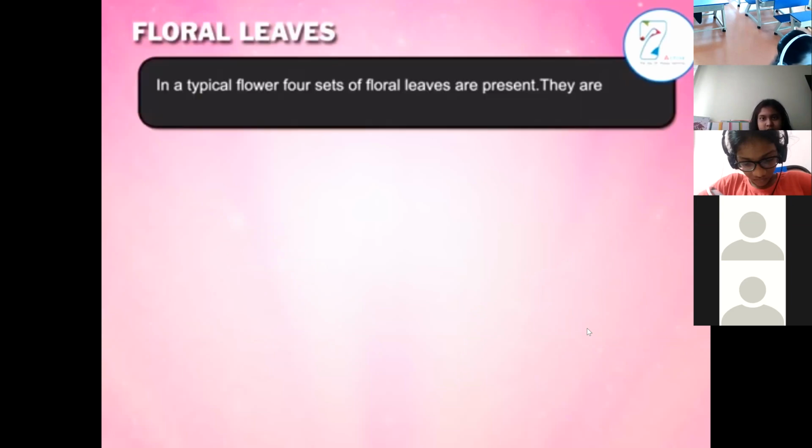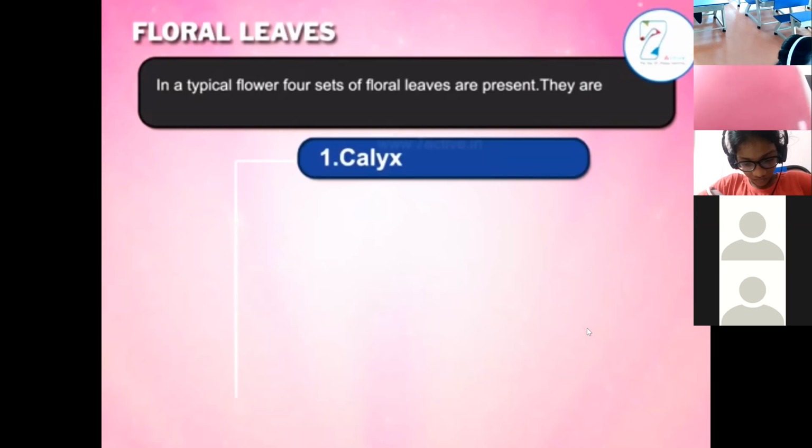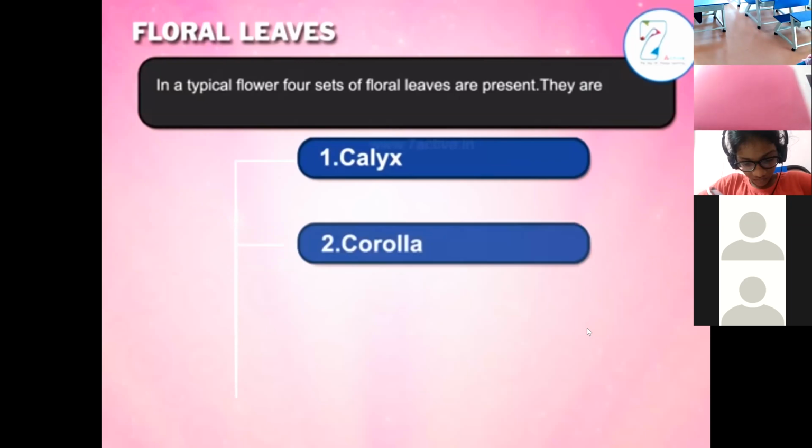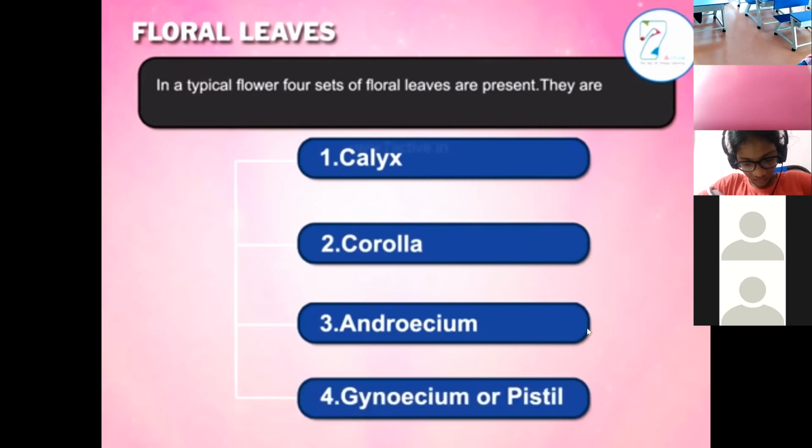In a typical flower, four sets of floral leaves are present. They are 1. Calyx, 2. Corolla, 3. Androecium, and 4. Gynoecium or pistil.